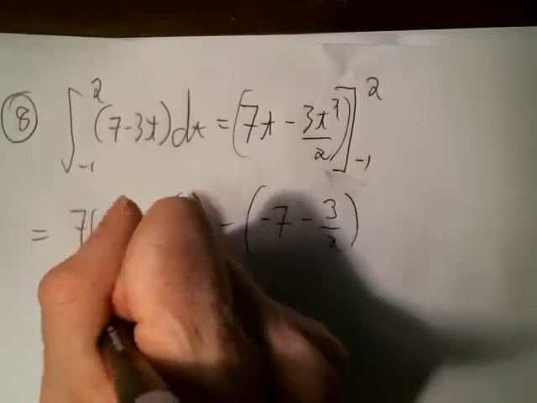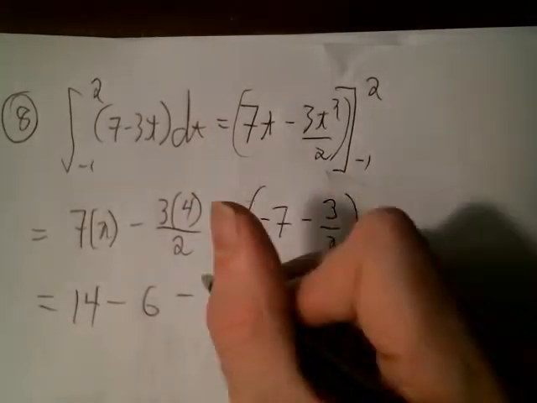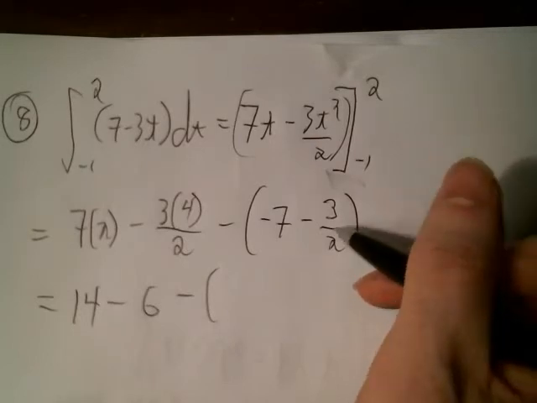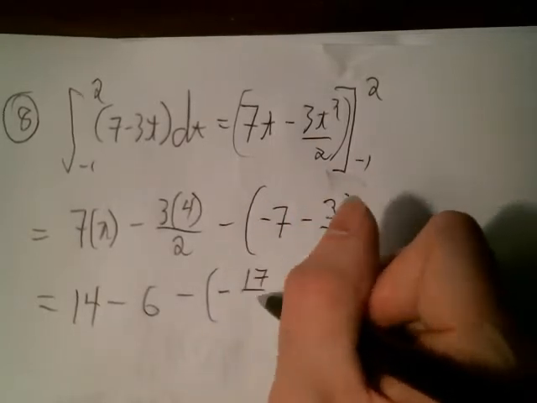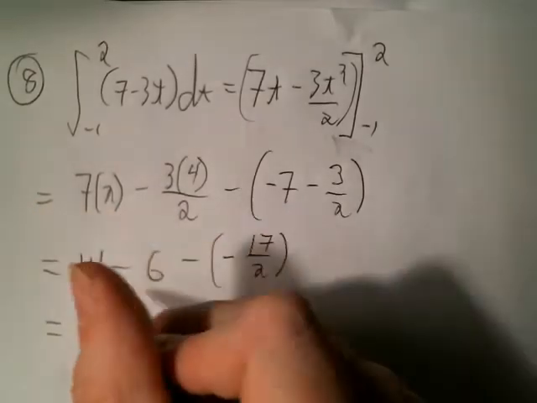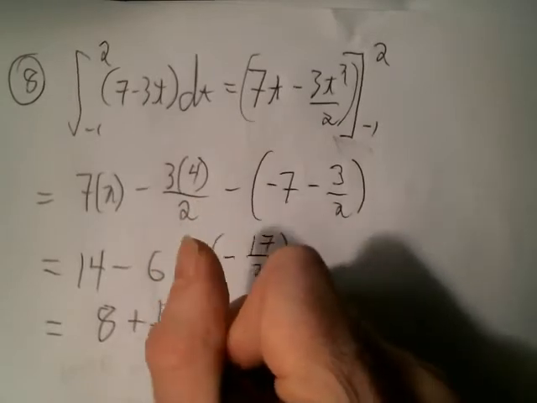So I have 14 minus 6 minus -14/2 minus 3/2 is -17/2. 14 minus 6 is 8 minus, well, that'll become plus 17/2.